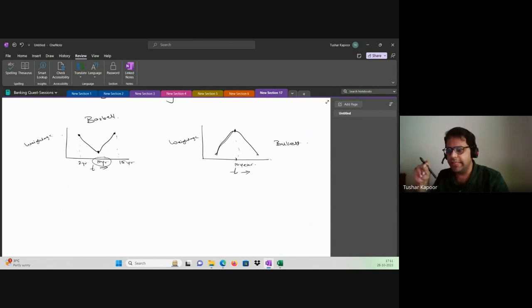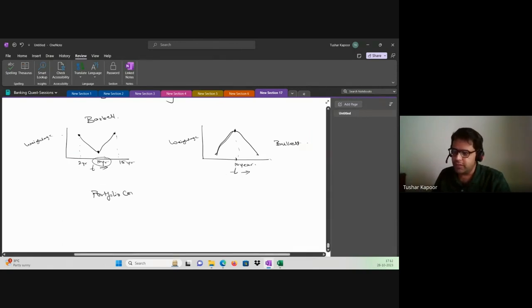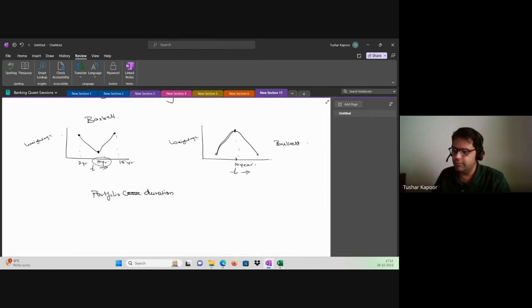Now the point is that when it comes to a portfolio, it boils down to essentially the portfolio duration and portfolio convexity. So I'm saying there could be a chance that the portfolio duration for a barbell portfolio might be equal to the portfolio duration for a bullet.